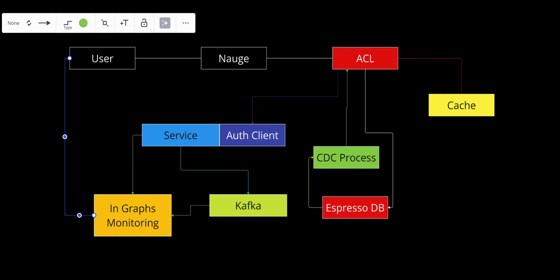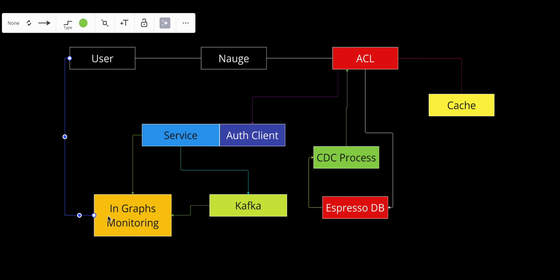The second thing is save data: updates are synced with the Couch database cache via the CDC processor. Also, we have fast authorization checks: services use the auth client to fetch ACL data from the cache for in-memory checks. Number 5, lastly, logging and monitoring: every authorization check is logged and monitored using Kafka and inGraphs.